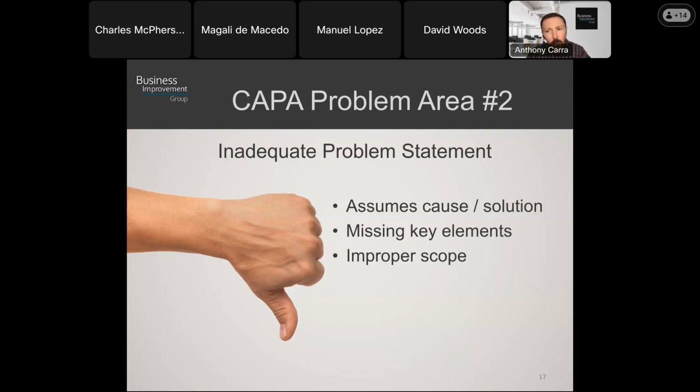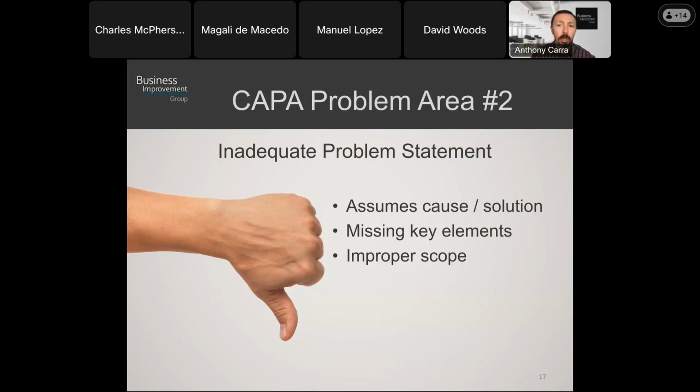That tightens the scope, and it puts the investigation team on a narrow path, which may not be the correct path. So you don't want to introduce any bias by assuming any causes or solutions in your problem statement. They could also be missing key elements, clues if you will, for the investigator, and we'll see those in the next slide or two.